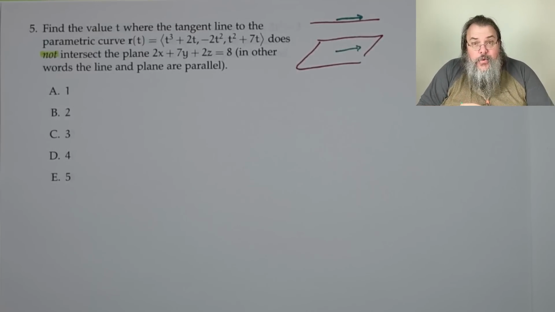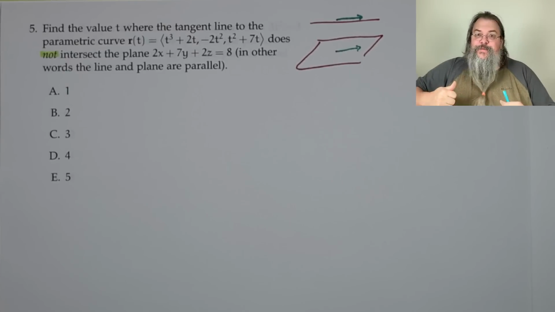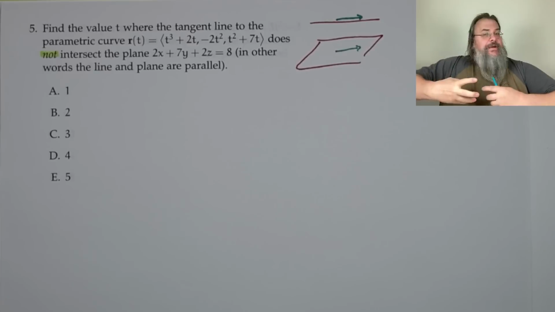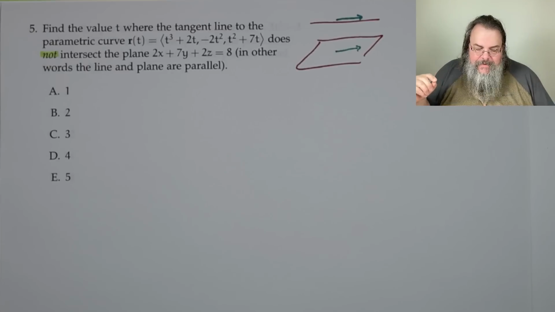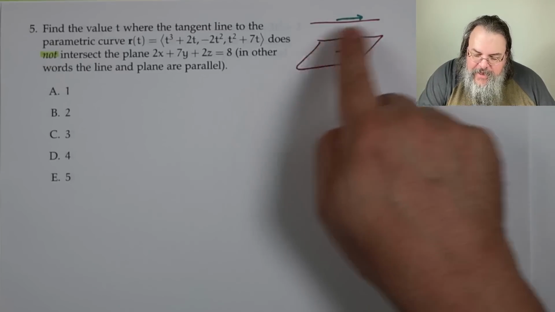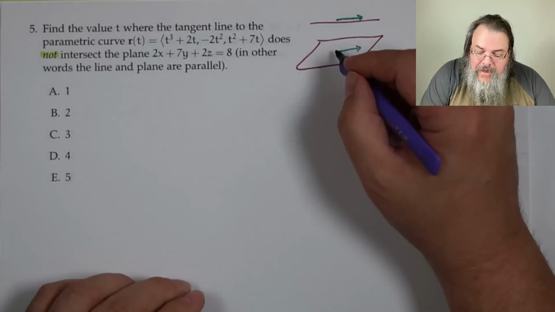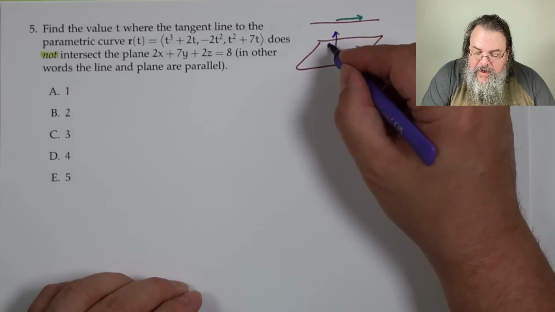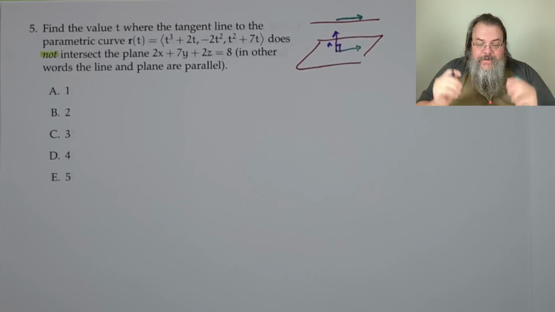Now we're like, oh, that sounds helpful, because whenever we think of a plane, our go-to tool is to pull out the normal vector, right? So given that the direction vector of the line has to be a direction in the plane, that tells us that the normal vector has to be perpendicular to that direction vector. And now we're like, perfect.